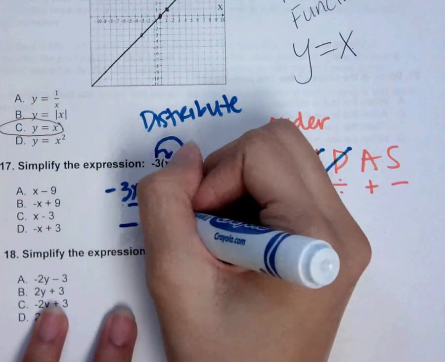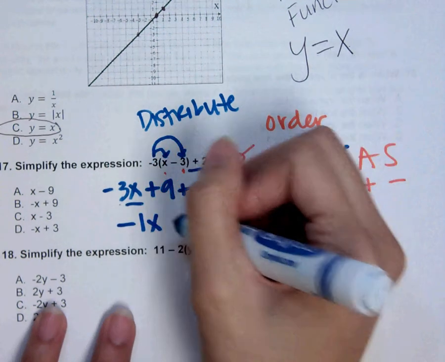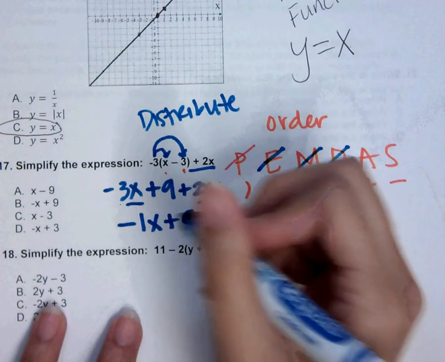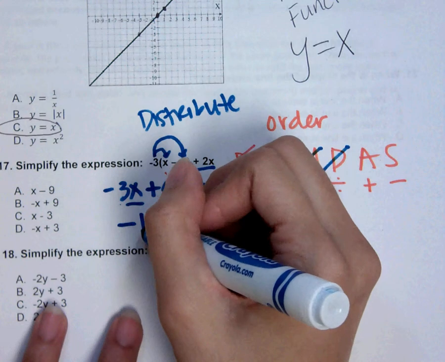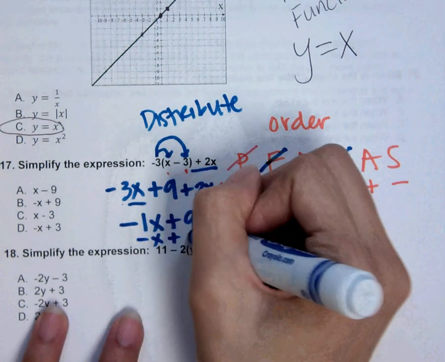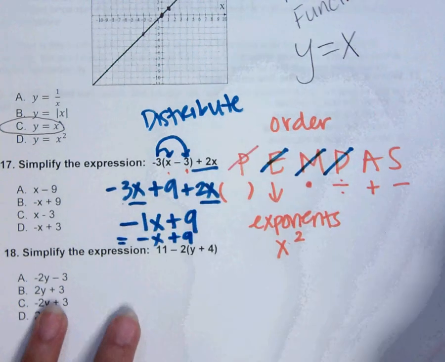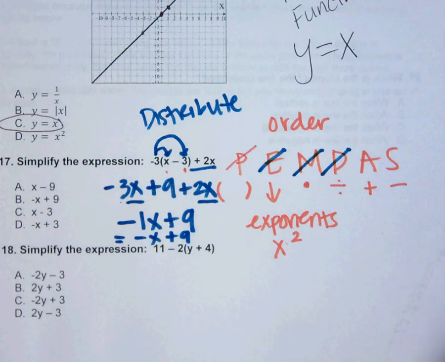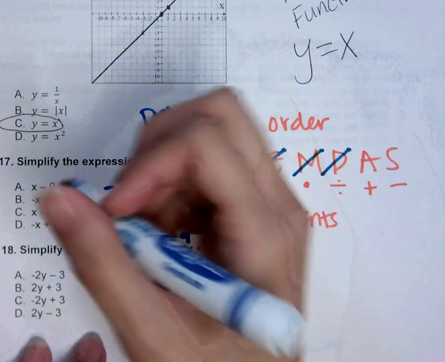That would be negative 1x, or in other cases you could say negative 1 or negative x plus 9. Okay, you can have negative 1 there, or it's also written as negative x plus 9. Those are the same thing. It's understood that there is a 1 there. So which answer choice goes with that one? B.